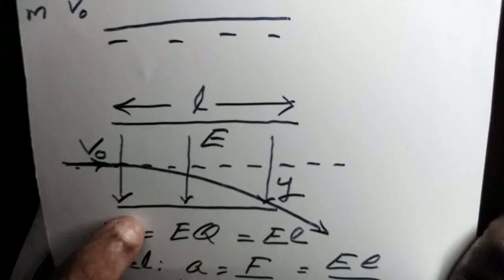So there is only one force on the proton, that is vertically down. There is no force in the horizontal direction, so that horizontal velocity v0 will remain constant throughout the motion. This is just like a projectile launched horizontally in the gravitational field of Earth. It will assume a parabolic path.